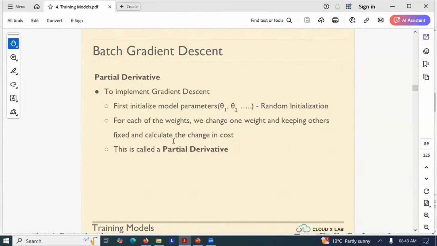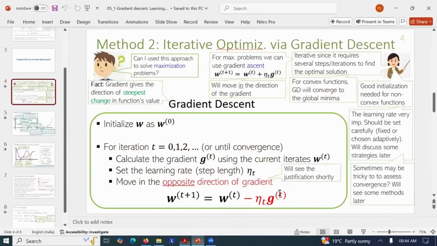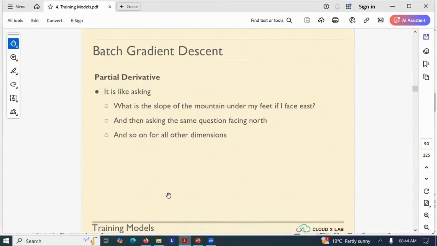Okay. So let's say if we are having some function, we will partially differentiate that function with respect to theta1, then we will partially differentiate that function with respect to theta2, right? So that way we can calculate the partial differentiation. Now we will use that GT, and we will apply this equation, right? New value is equal to old value minus learning rate times gradient, right?